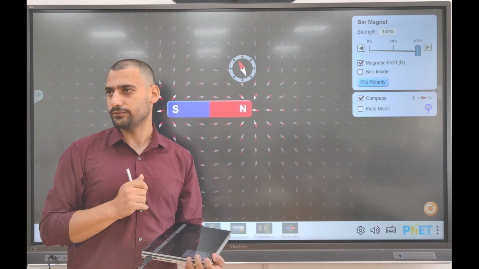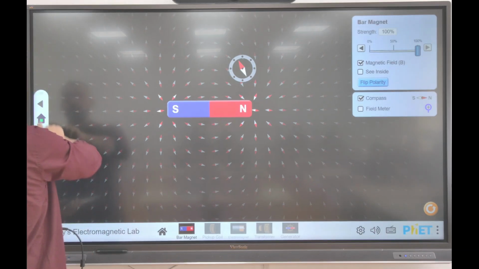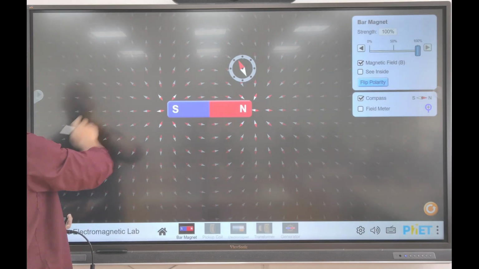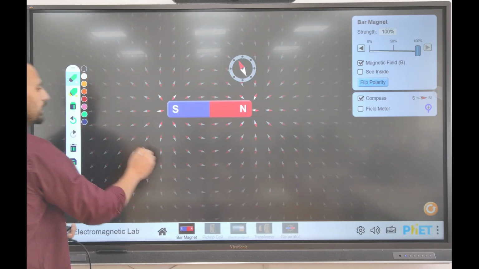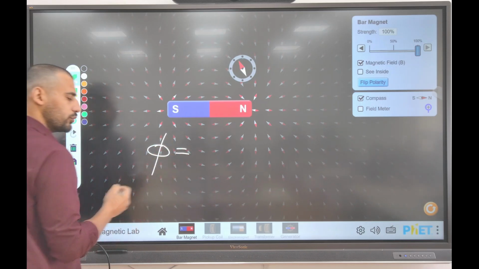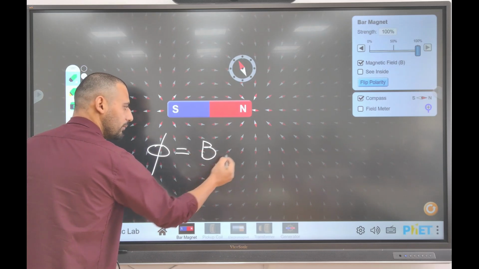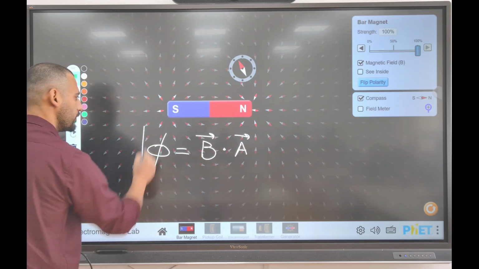Is that fine? Okay? And this flux, we represent by phi. And this phi is equal to the magnetic field times the area. Remember this thing for the flux.